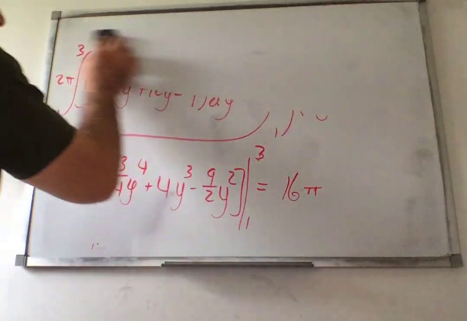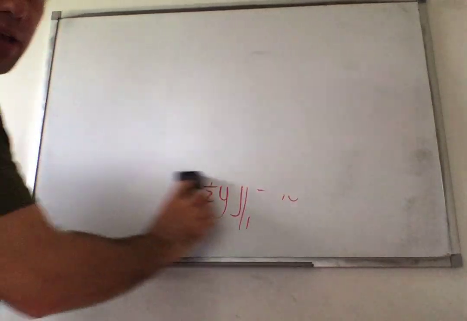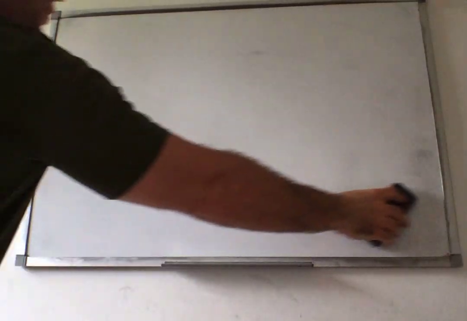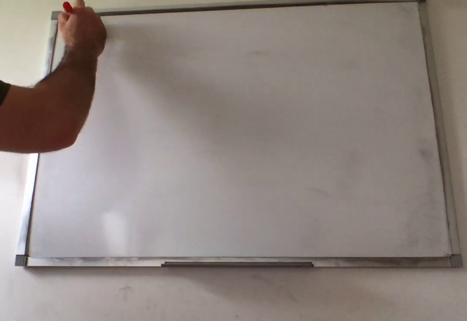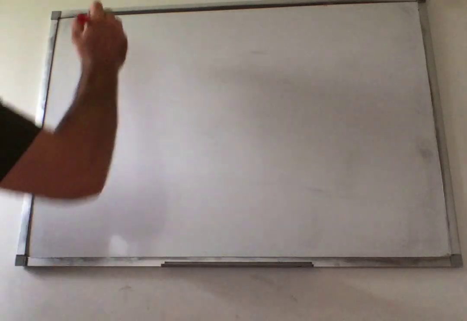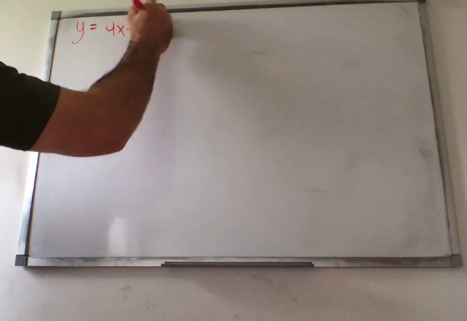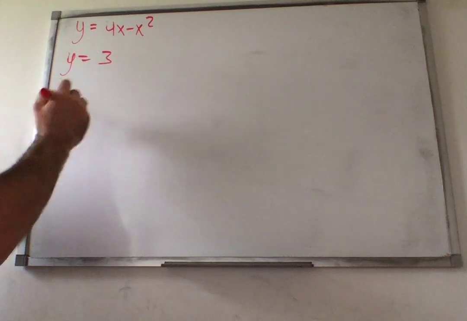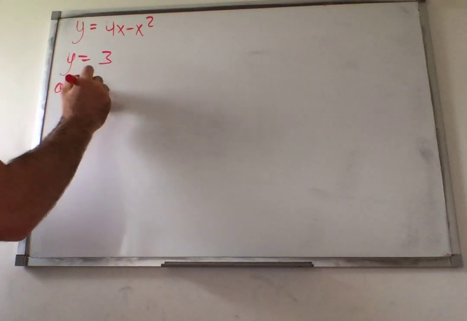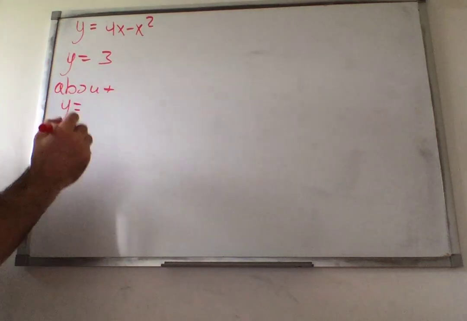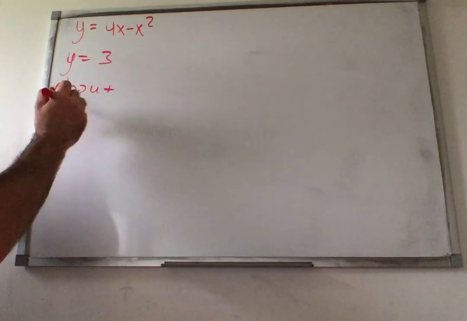When we did the disk method, the very last example that we did was revolving it around a different line. This next example is going to be very similar. y is equal to 4x minus x squared, y is equal to 3, and we're revolving it about x is equal to 1.